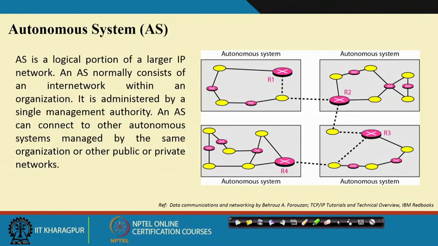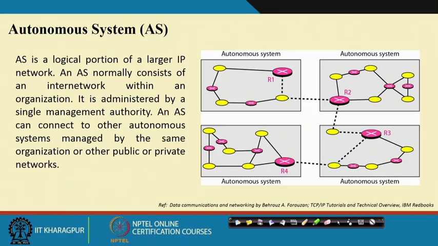Like IIT Kharagpur can be an autonomous system which is managed by the IIT Kharagpur authority or the cell which is handling those things. And an autonomous system can connect to other autonomous systems managed by the same organization or another organization, public or private. In other words, our whole network is divided into several autonomous systems which consist of several networks.